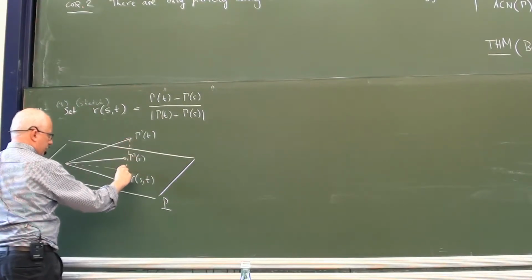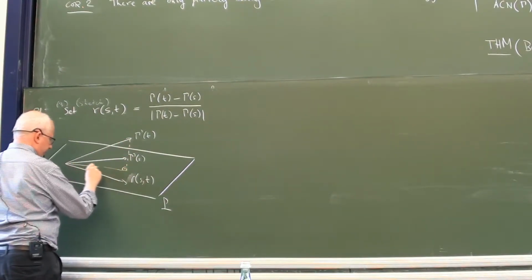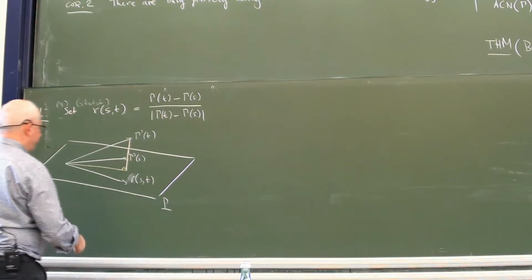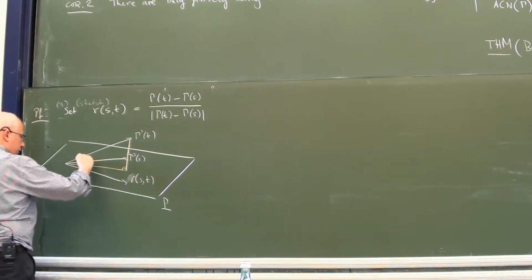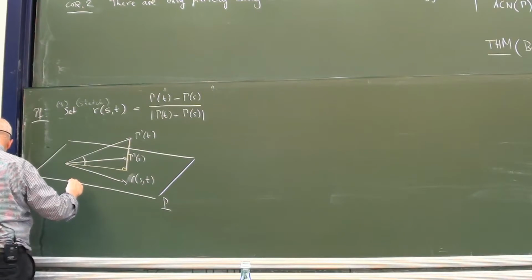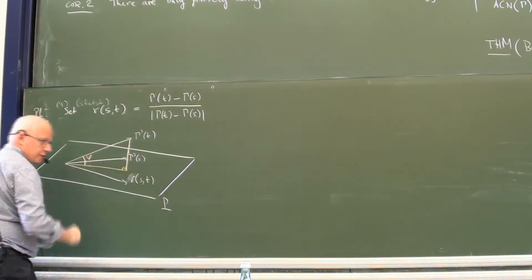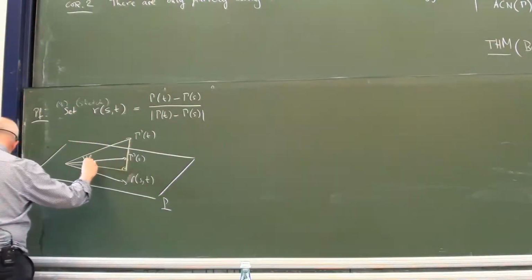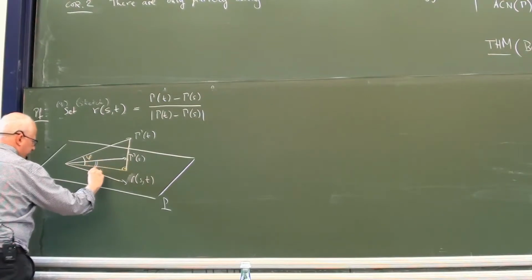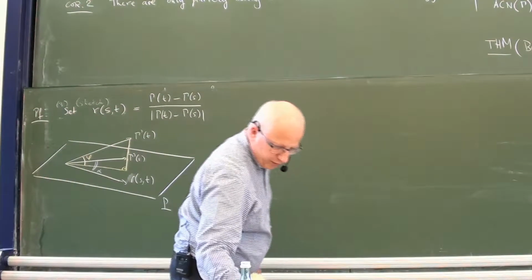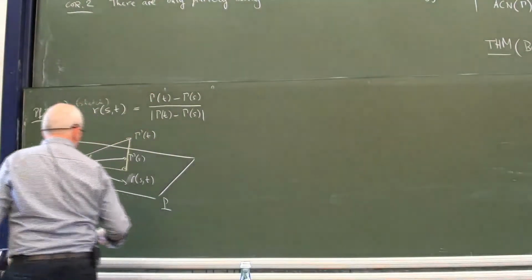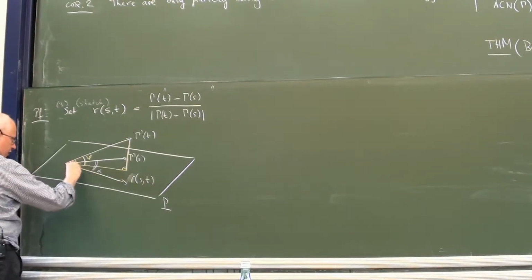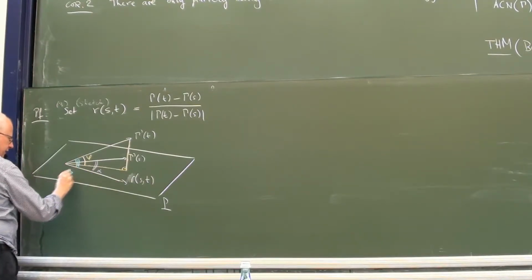Gamma prime of t is outside of this plane, and this is the orthogonal projection of gamma prime onto this plane. This angle is called phi on my picture. This angle at the base, between gamma prime at s and R_ST, is called alpha, and there is one more angle here called beta.